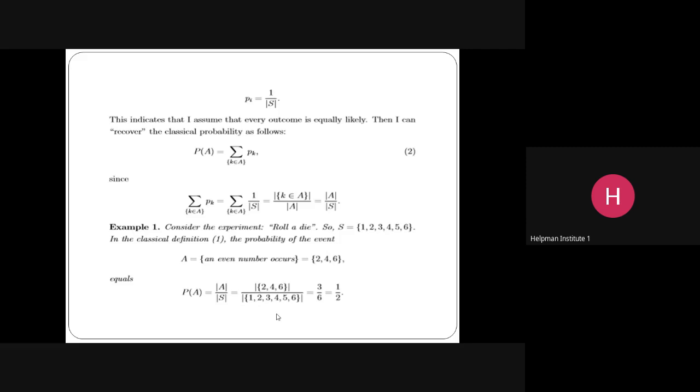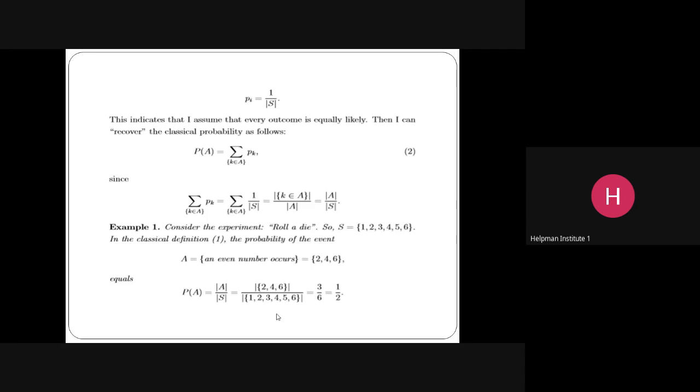We know a fair die, the cube that we use in the Ludo game. If the die is fair, it means that all the values, 1 to 6, are there. So when we toss or roll a fair die, we have equally likely chances that 1 or 2 or 3 or 4 or 5 or 6 appears.